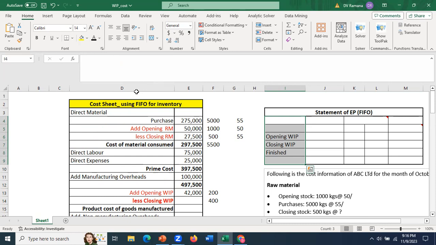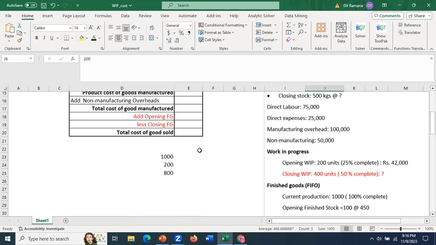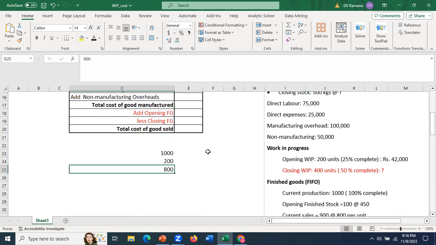The statement of EP is only for WIP. And the actual units of these three we have already seen: 200 units of opening WIP, 400 units of closing WIP, and actual production started from zero or de novo is 800.